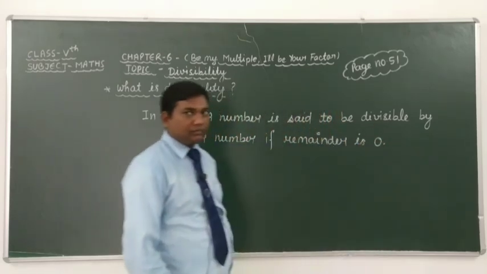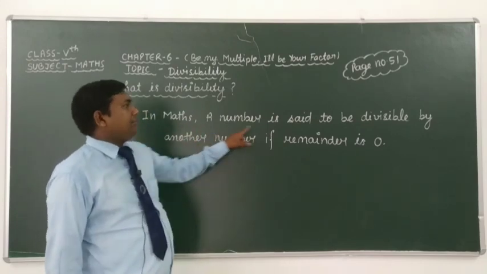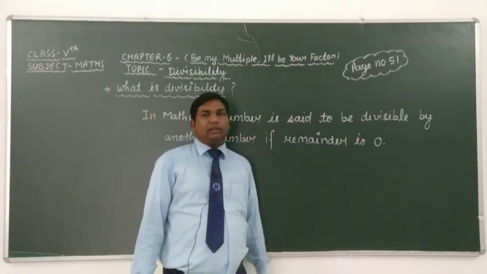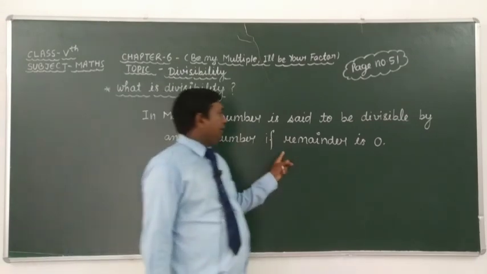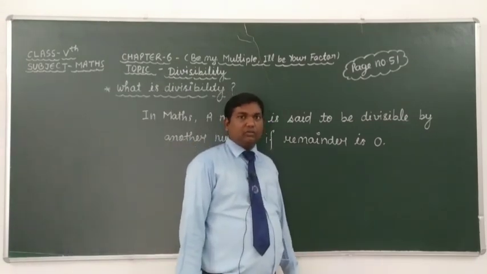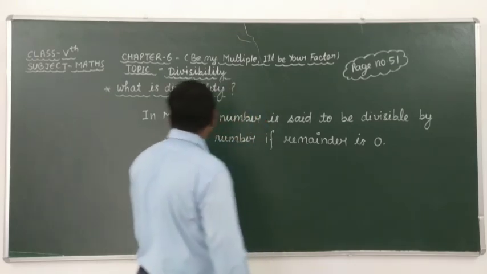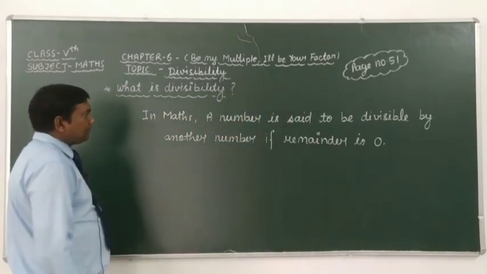Okay students, in maths a number is said to be divisible by another number if remainder is 0. Okay, now let us consider an example.